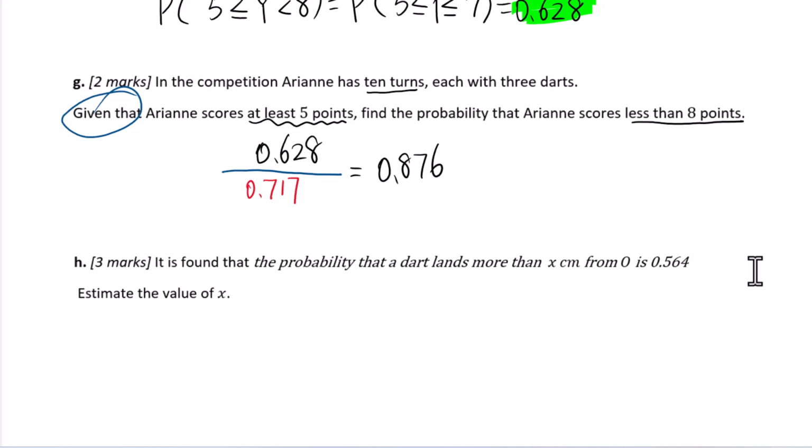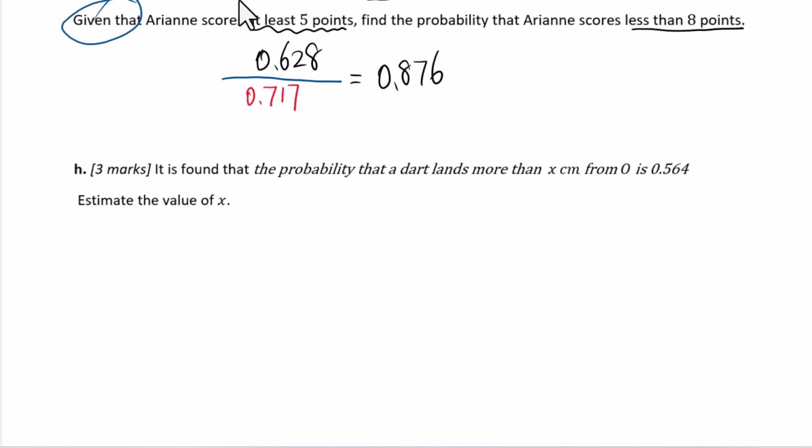Let's go to H. It's found that the probability that a dart lands more than x centimeters from O is 0.564. Estimate the value of x. So we are looking for the probability of X greater than x equals 0.564.